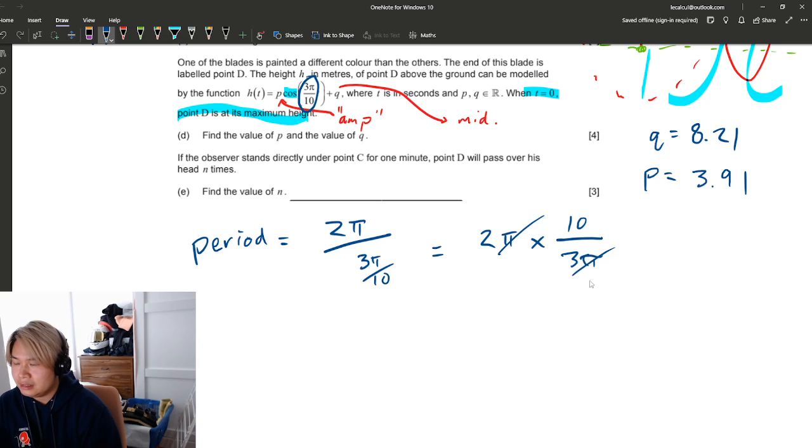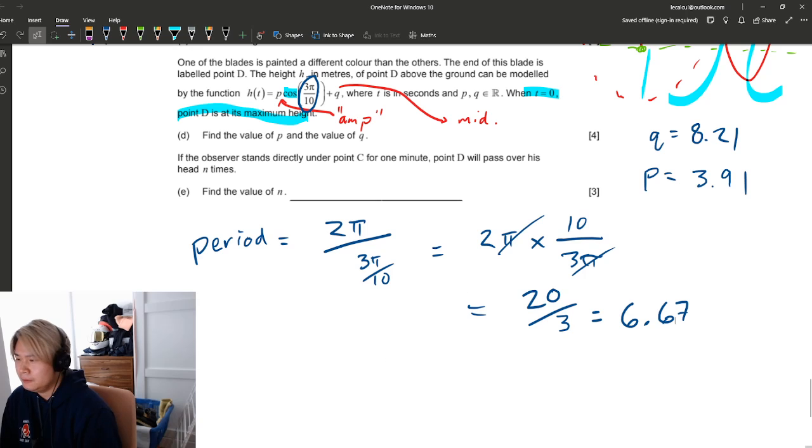Pi's cancel out, and then you got 20 over 3, which is, what, 6.67? Right?